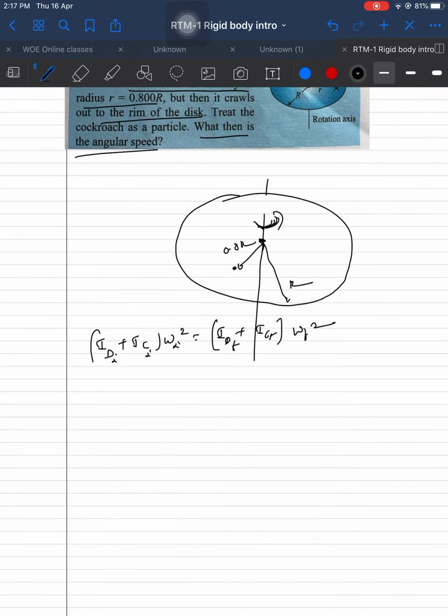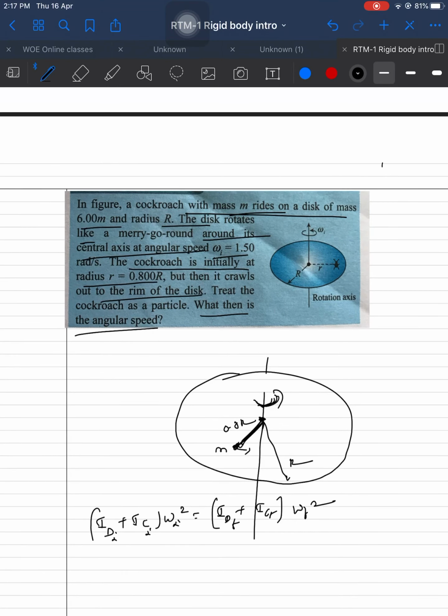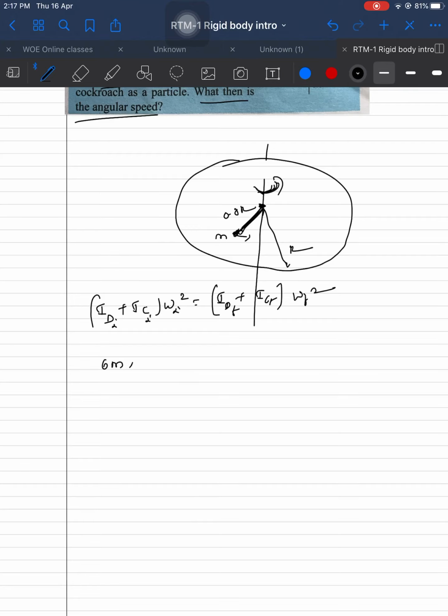The cockroach is a point mass. The moment of inertia of the disc is mr square by 2 because it's about the natural axis, so 6m into r square by 2, plus the cockroach, m into 0.8 r square, so 0.64 r square, into omega initial.